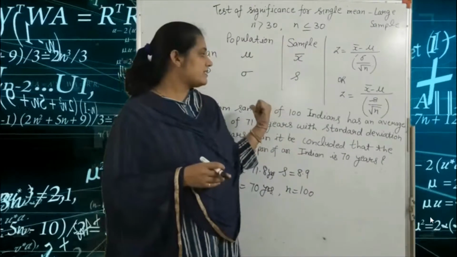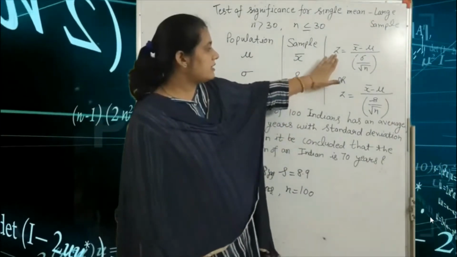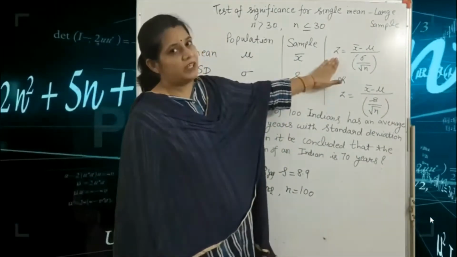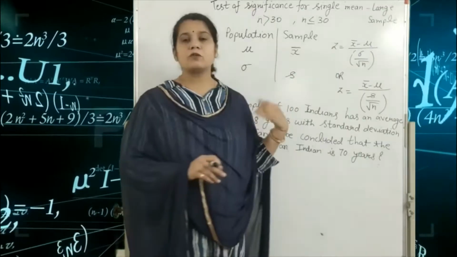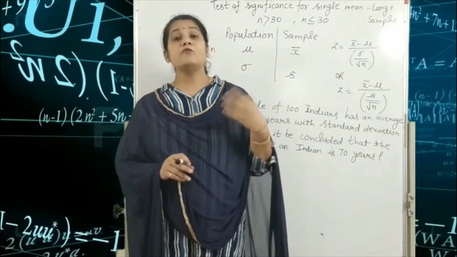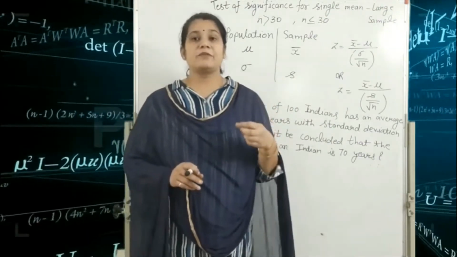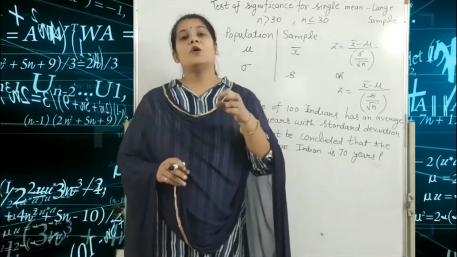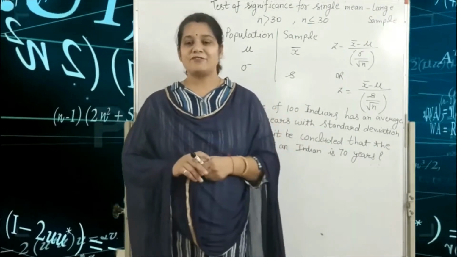According to two tailed test and one tailed test, we compare the value: mod of z compared to mod of z alpha. So let's start our first example.